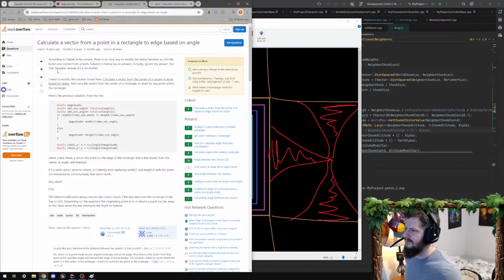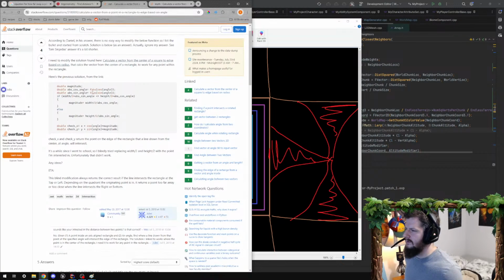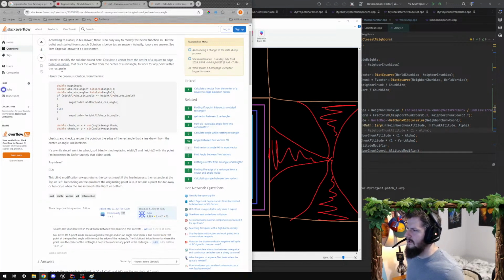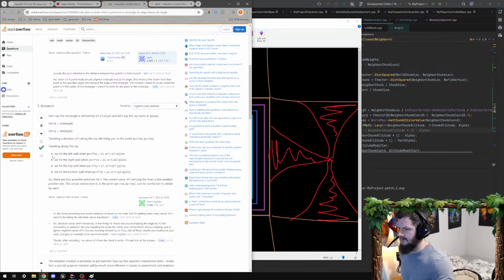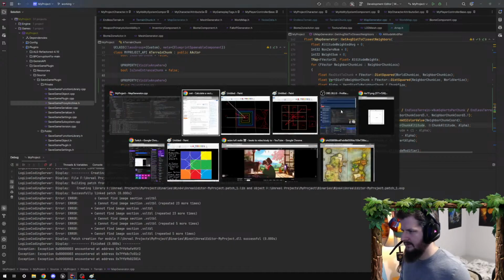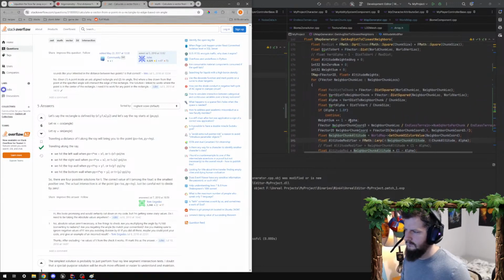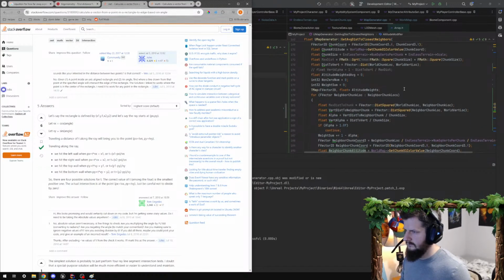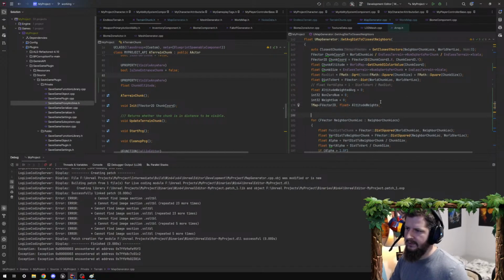Actually, ignore my answer. Calculate the vector from the center of a rectangle to work for any point within the rectangle. Alright, let's say the rectangle is defined by x1, y1, x2, y2. Let's say the ray starts at px, py. Okay, so we are going to need to do some angles here. So this can happen outside of that loop.